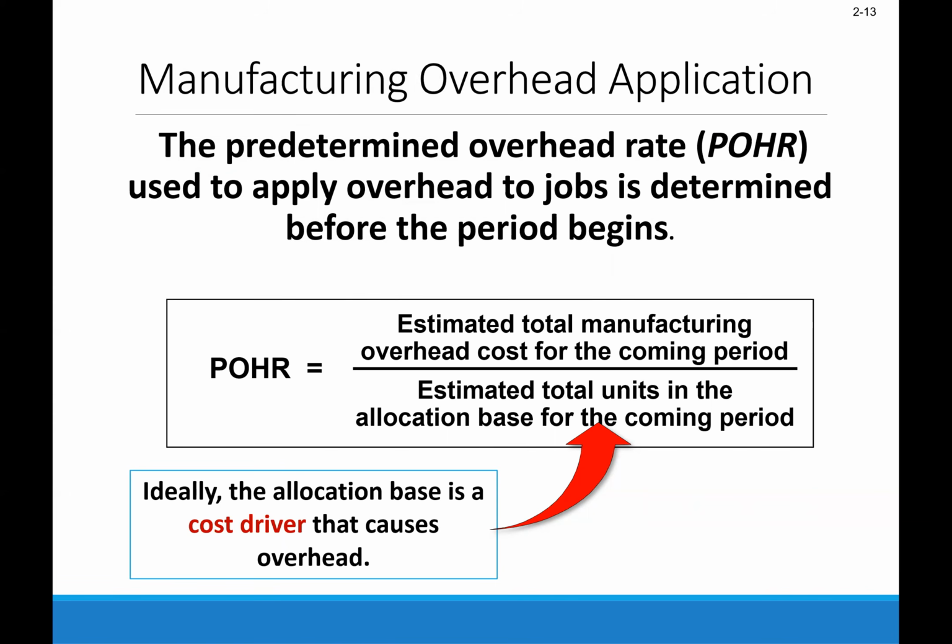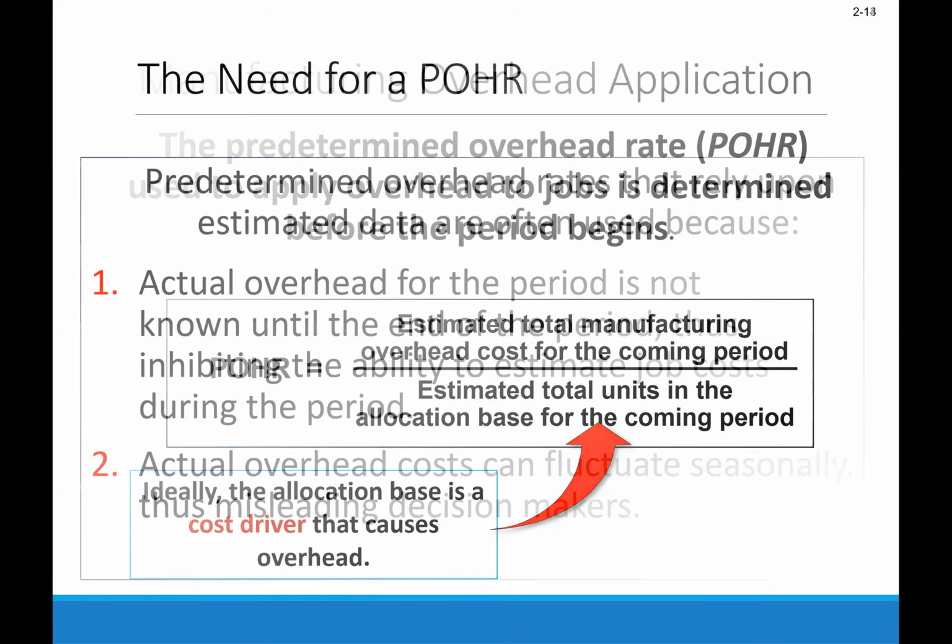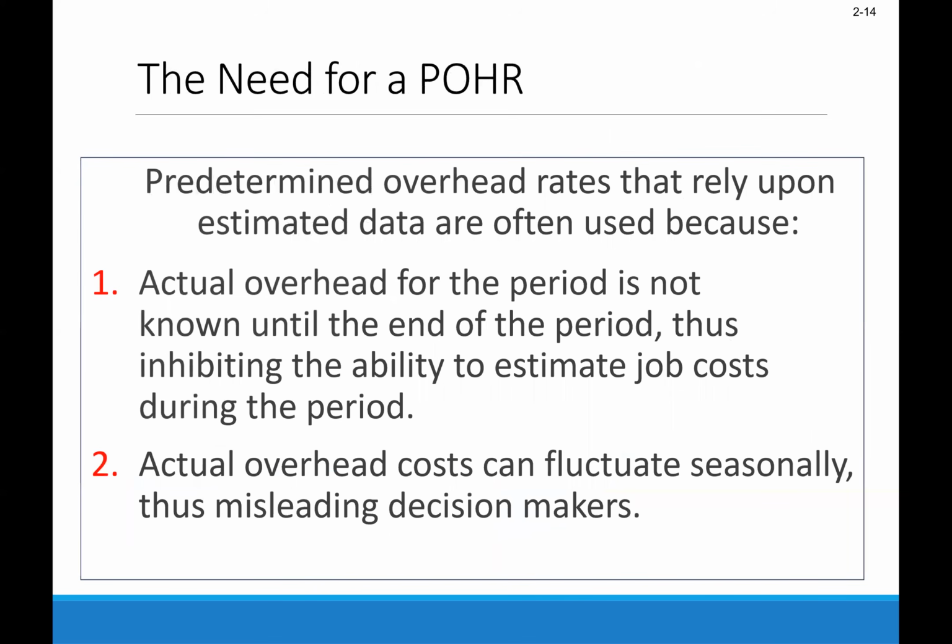We've got to figure out what drives our costs. So we estimate the total manufacturing overhead for the coming period, and we also have to estimate the total units in the allocation base for the coming period. Okay, got to come up with something. So how do we determine it?